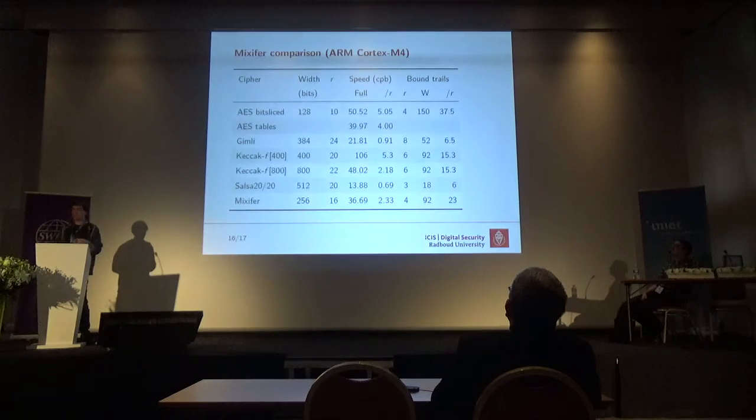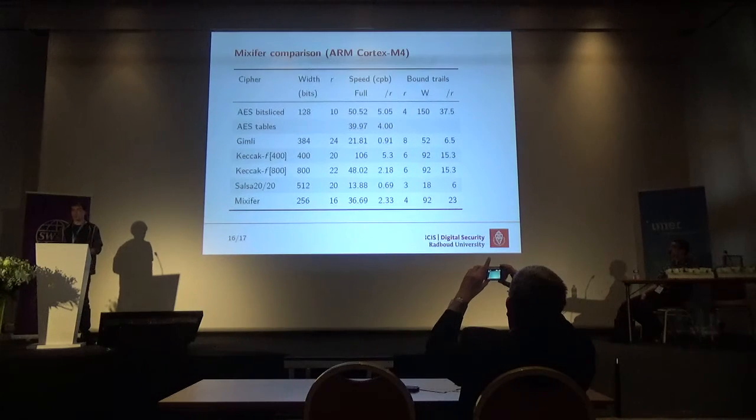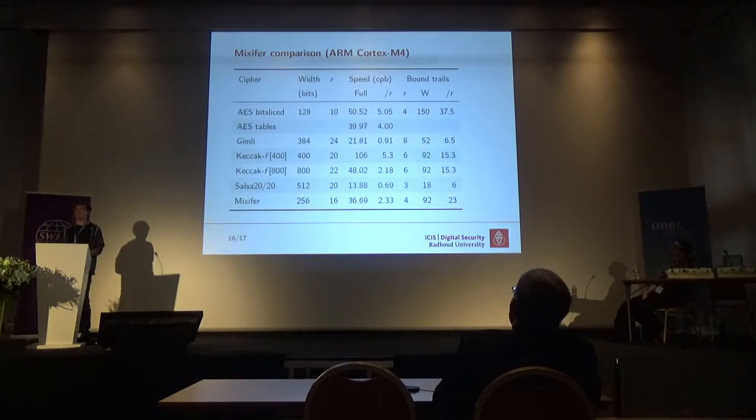And we can compare this to some other ciphers, where some are really known for having really strong bounds on their differential probabilities, like AES and Keccak, and some that are known to be very fast but have somewhat weaker bounds.